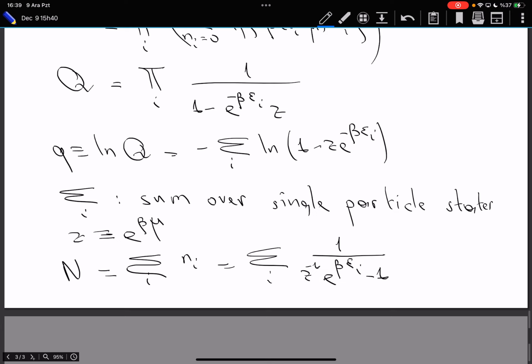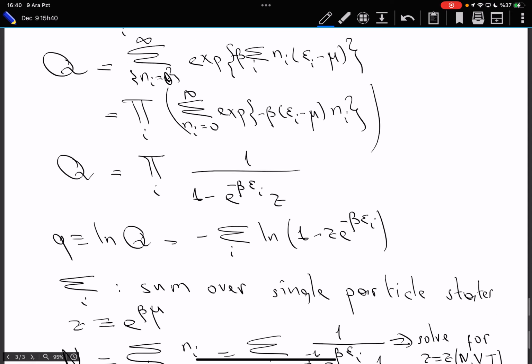So the task will be, from the expression of the number of particles, solve for Z, which will be a function of N, V, and T. The left-hand side depends on N. T is, well, in e to the power beta epsilon_i there is a beta, and it depends on V because epsilon_i depends on V. So once you solve for Z in terms of N, V, and T, put it over here.